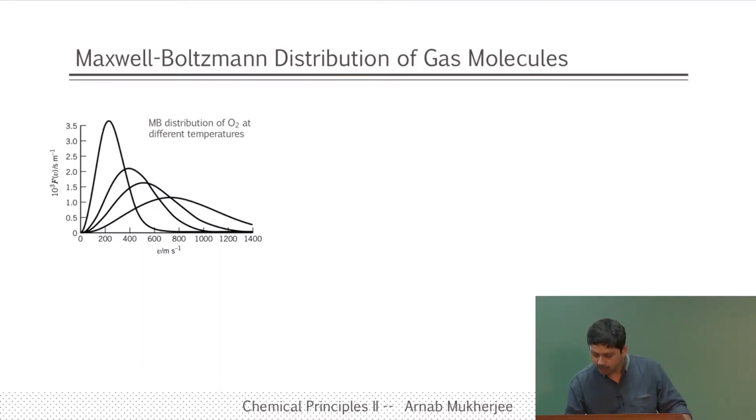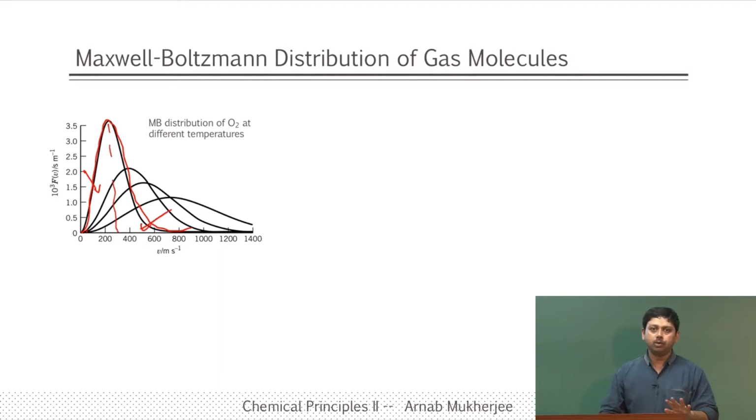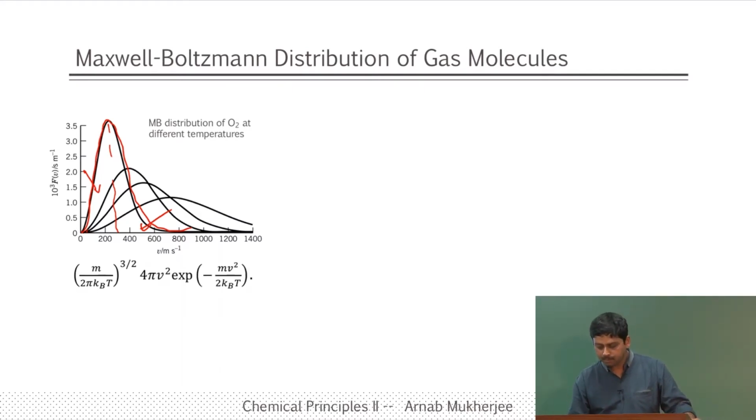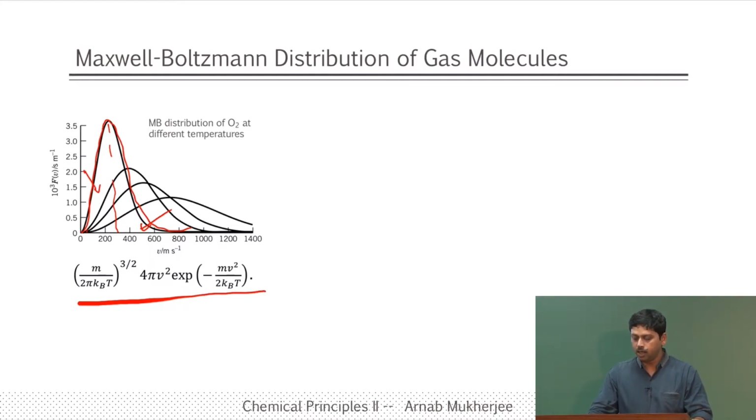So, here we are showing the Maxwell-Boltzmann distribution of oxygen at different temperatures, and at one particular temperature the curve is like this, which indicates that there are particles with smaller velocities, there are particles with much larger velocities, and there is some most probable velocity also present. If we do a very sophisticated calculation in which we consider all possible velocities of those particles, then we can arrive at this particular equation of Maxwell-Boltzmann velocity distribution.